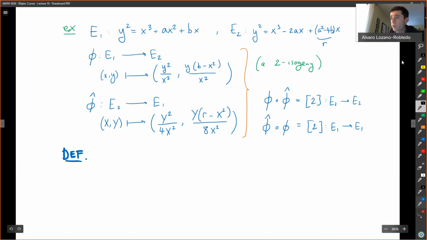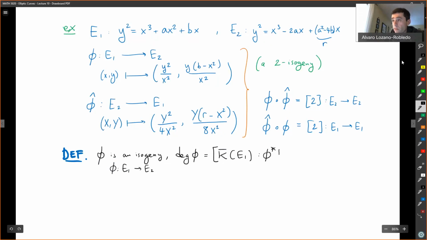Remember the degree of a map, how we define it. If phi is an isogeny from E1 to E2, an isogeny of elliptic curves, then we define the degree of the isogeny like we did the degrees of maps before, as the extension of function fields.